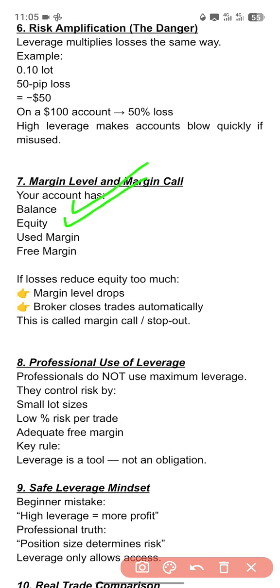The balance contains all the closed trades, and the equity contains all the unclosed trades, including losses and profit.